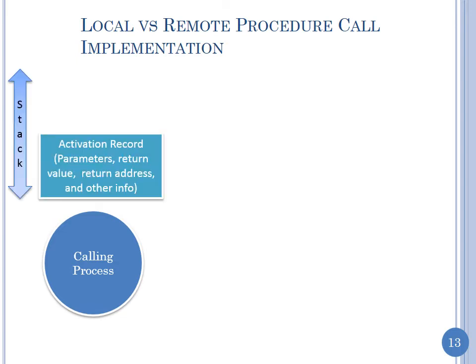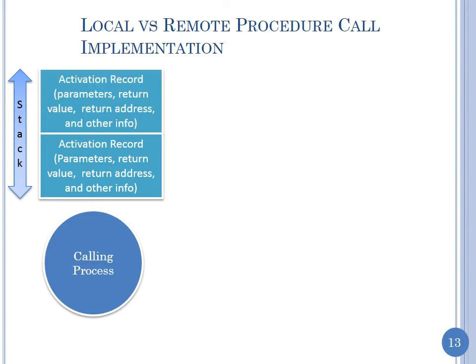So what's happening is that there's a calling process. The calling process is in some local procedure. That procedure is on the stack of that particular process or thread, and it's going to make now a call. There are two cases: the call is local or the call is remote. Let's consider what happens when that procedure makes a local call. In that case, you will push another record on top.